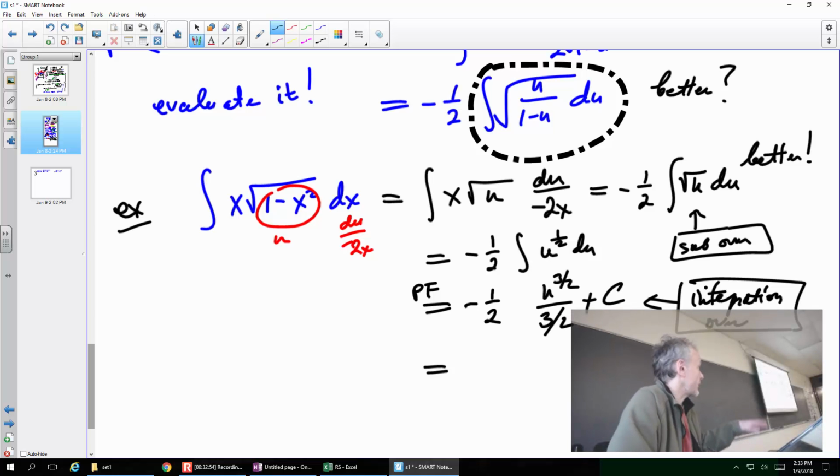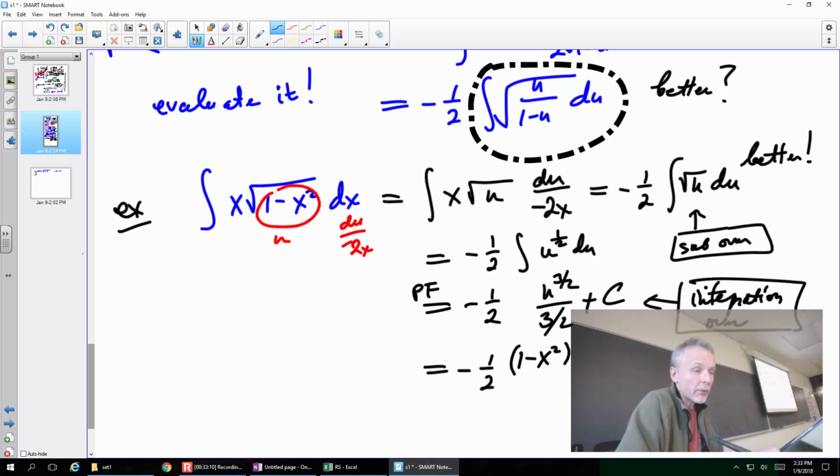Even the letter was made up. I could have put y there or z. And so the answer has to be in the same language as the original, so it has to be with respect to x. So I have to do back substitution, and so I have negative 1/2 times (1 minus x squared) to the 3/2 over 3/2 plus c. Well, you can simplify if you like, but you're done.